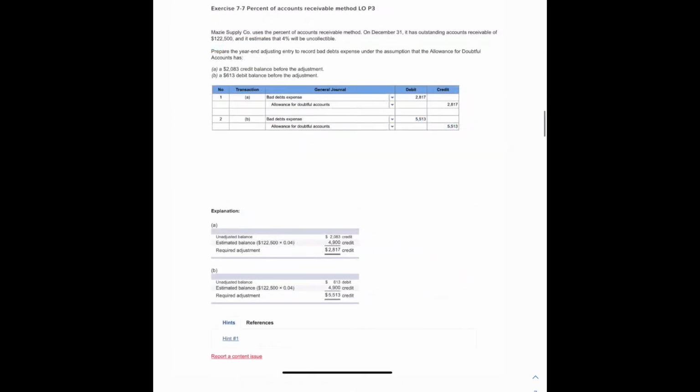Okay, so for number 6, we're still going to be looking at the allowance method. So this is another allowance method. But this time, instead of basing it on the income statement, we're going to base it on the percentage of accounts receivable.